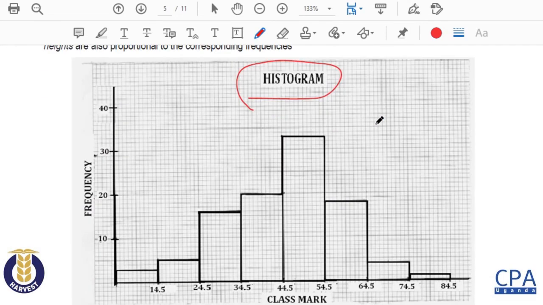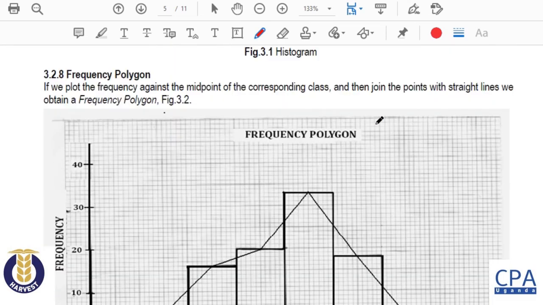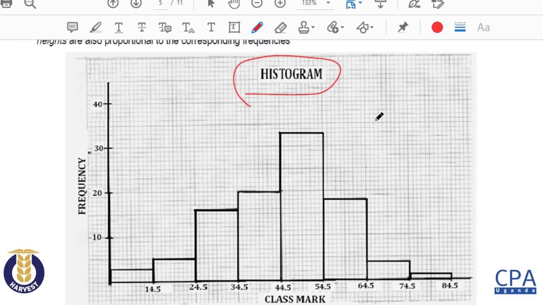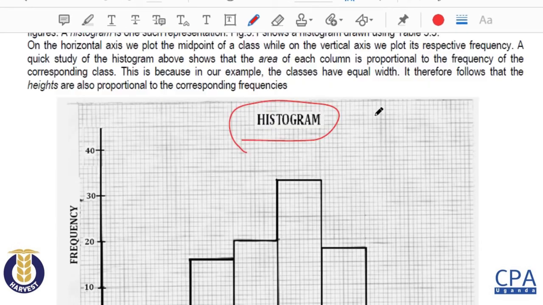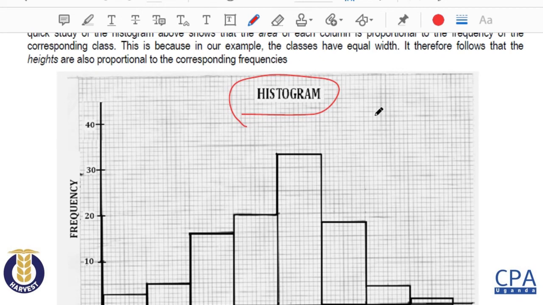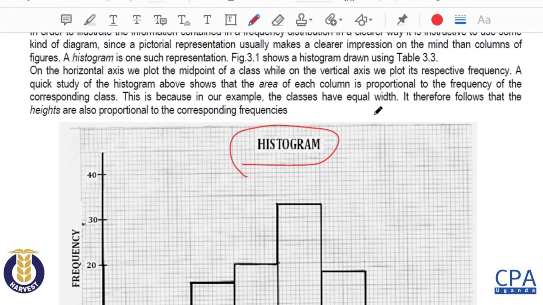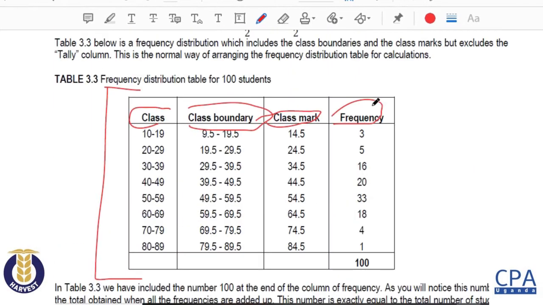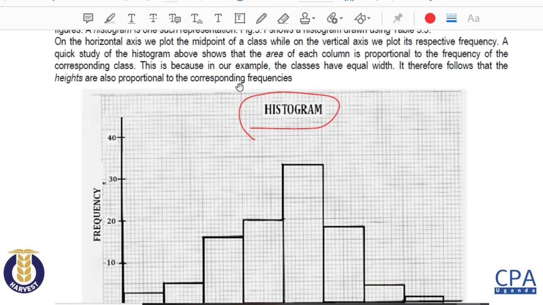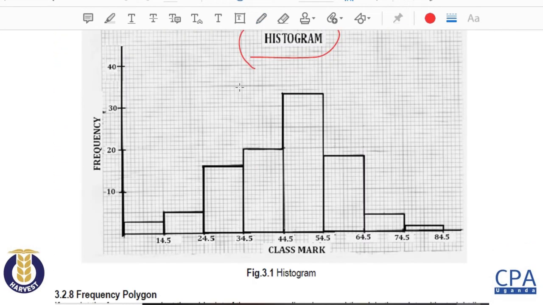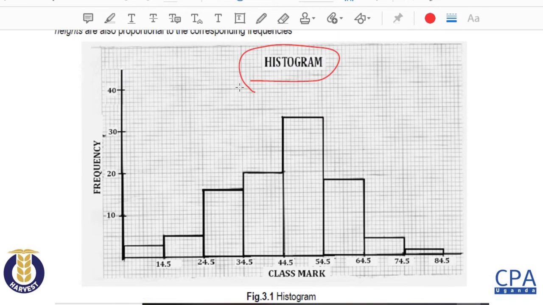Now, the histogram that we have on our page number 16, I'm focusing on this figure here, figure 3.1, has been constructed using the data that we have here in our table 3.3. Now, as you can see, the histogram has been constructed along two axes.